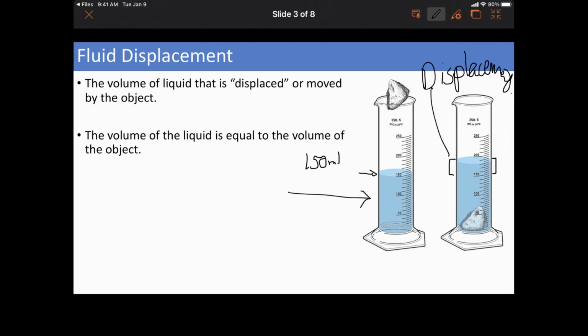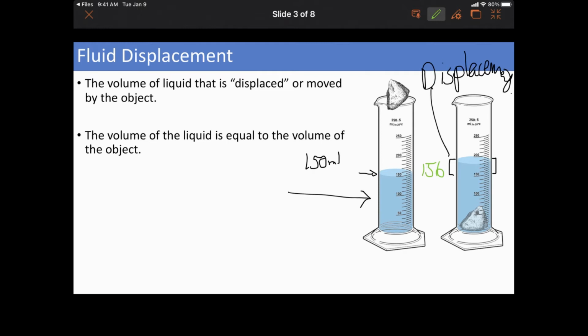So what's the volume? Well, let's see. Okay, my eyes are having a hard time reading that. Okay, get a pen. So that's 2, 4, 6. So it was 150 and then it goes to 156.